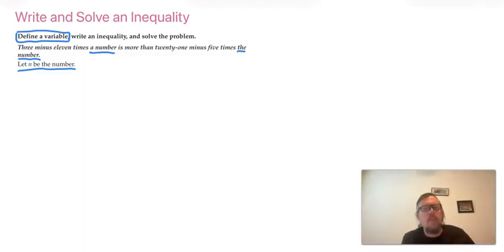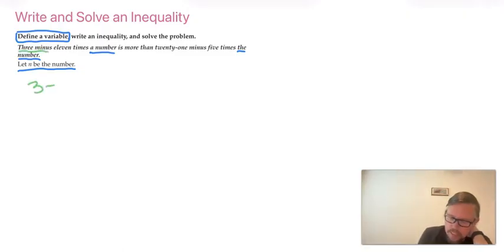Okay, so 3 minus 11 times a number. So let's start with the 3 minus. That seems pretty easy. 3 minus, and then it's 11 times a number. So 11 times, and then our number, which is going to be n.